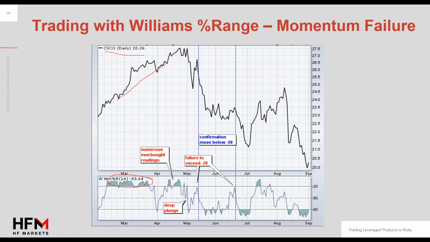That's why many traders use as an exit point the crossing below the -20. Okay, in order, if it's overbought and stays overbought for longer, to add to their existing long position and benefit even more.